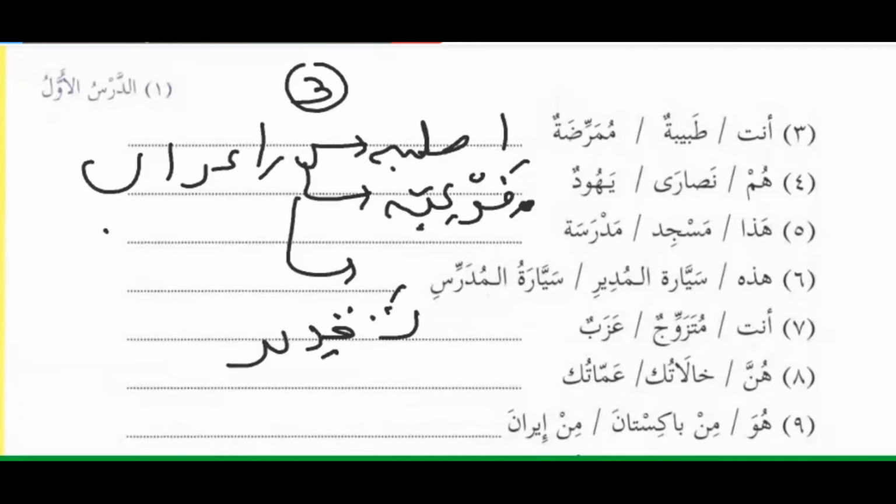So there are three types of Arab. This one comes under taqdiri Arab, because the alama is not getting zahir at the end of the kalma.